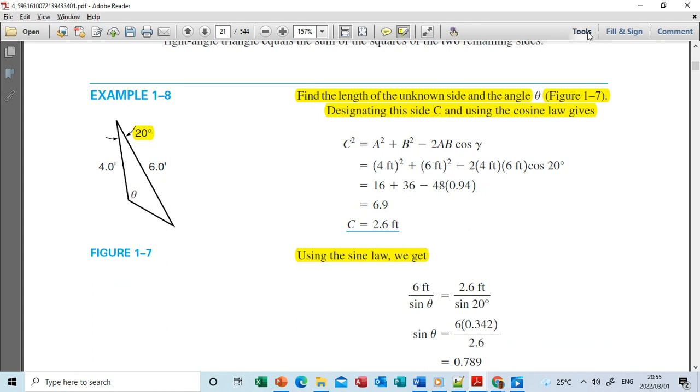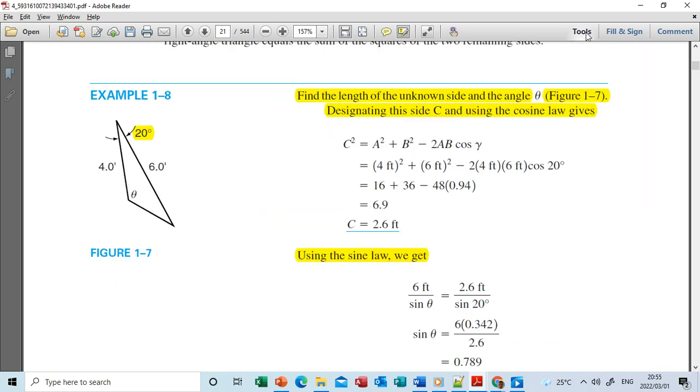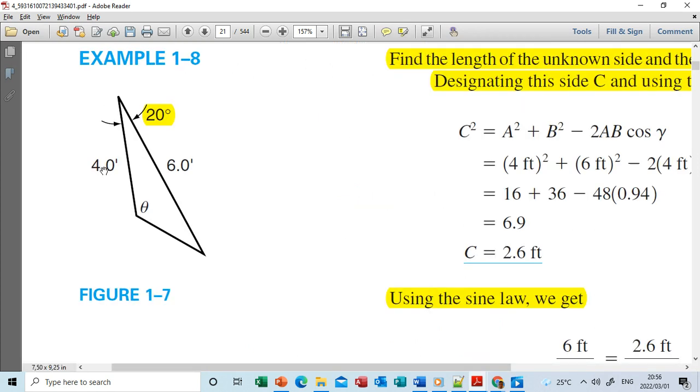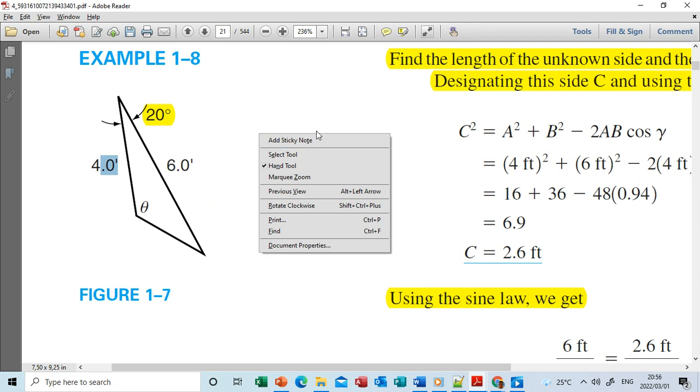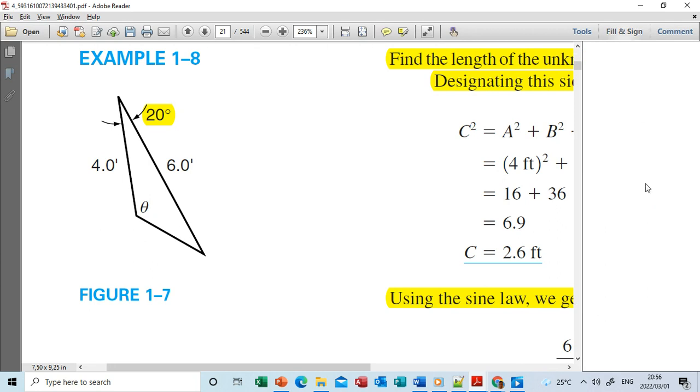Okay, let me go to tools. Okay, I just wanted to show you this. If you want to, you can use the fill and sign option. It will give you an option to add text, that doesn't require a license or something. So I say text.